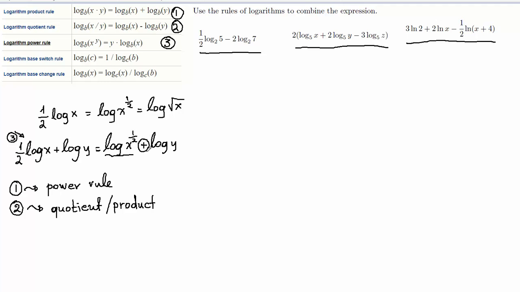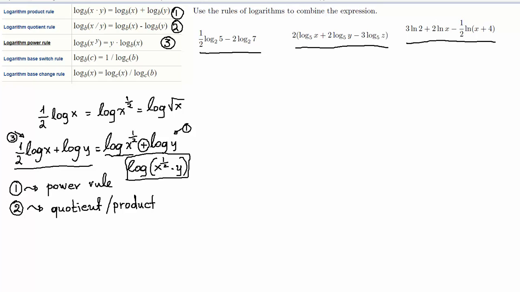So this means that you can apply the rule for the product. And this is going to be nothing else than the log of x to the 1/2 times y. In this way I combined the two logarithms that I had into one logarithm that has only one argument. The base doesn't change, it's the same as the previous one. Let's assume that this base is 10.